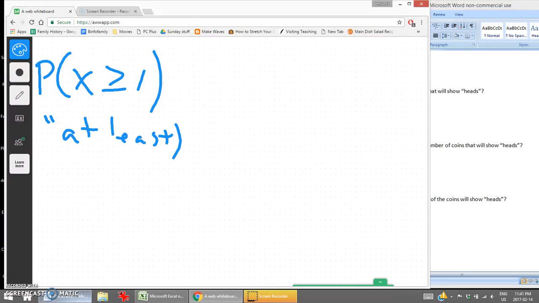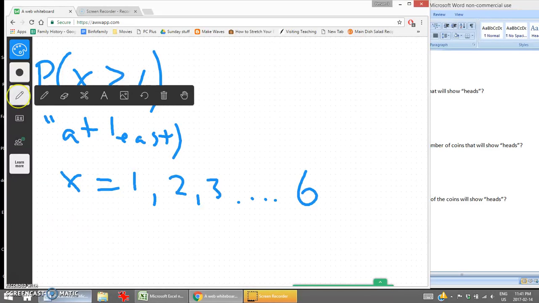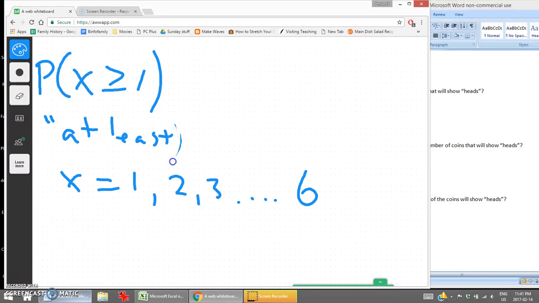So what could x represent in this situation? X could basically be 1, 2, 3, all the way up to n. In this case, n is 6. So to do this calculation, we have to look at, let's just erase this a little bit.